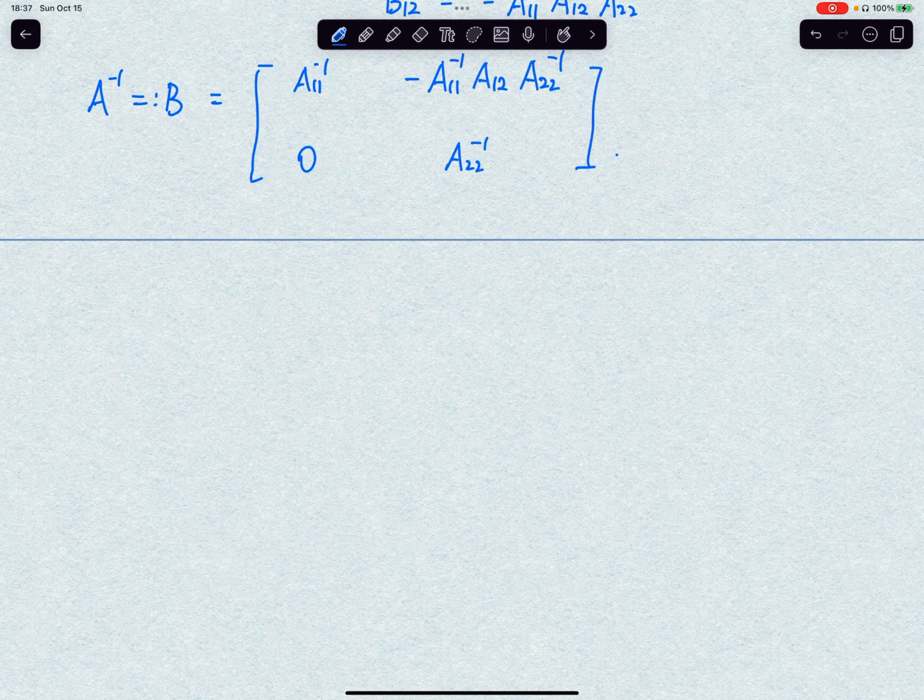So if an elementary row operation is performed on an n by n matrix A, the result can be written as EA, where E is an n by n matrix obtained by performing the same row operation on I n. What does that really mean?